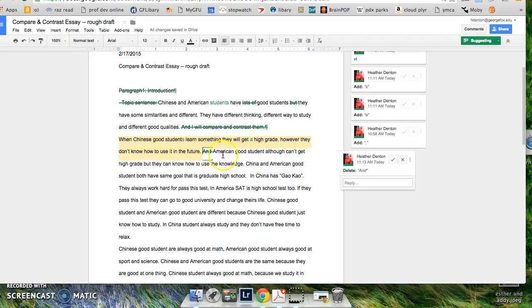So you'll need to fix this sentence to say something along the lines of, good American students might not as consistently get high grades, although you'd have to back that up because I don't even believe that that's entirely true. But they're superior at applying their knowledge. So I understand what you're saying. We're going to have to find a different way to say this.